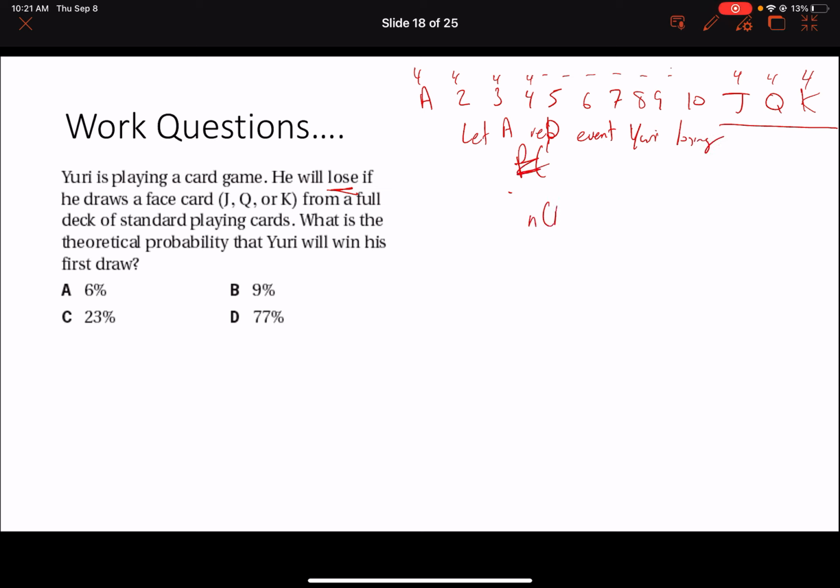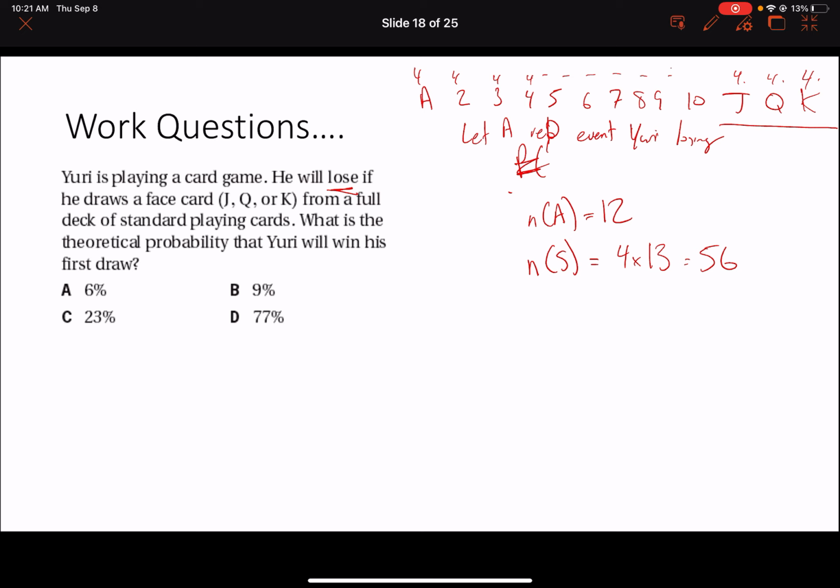So what's n of A? The number of ways to lose is 4 plus 4 plus 4, which is equal to 12. What's n of S? That's 4 times 13, which is 52, 52 cards in a deck.